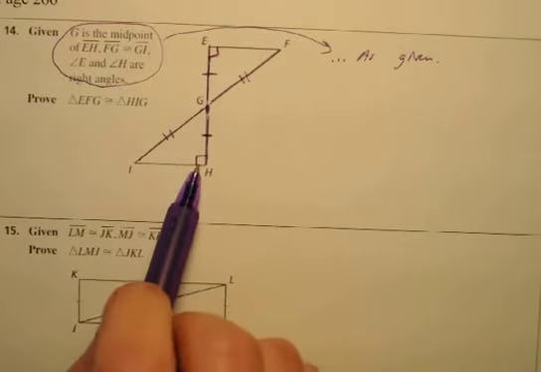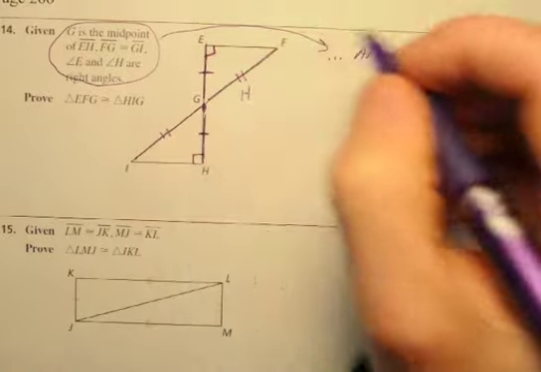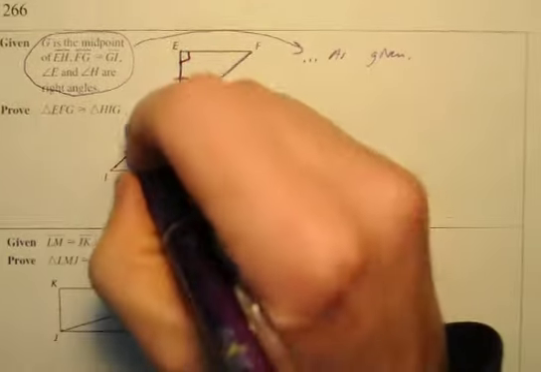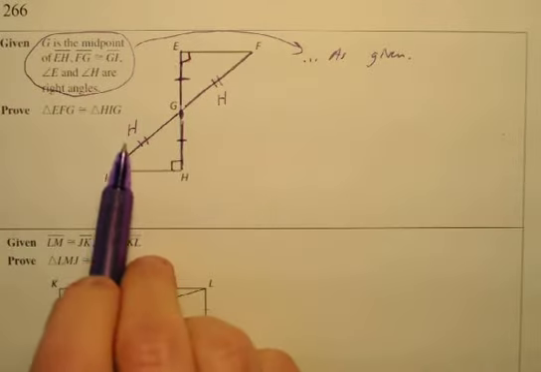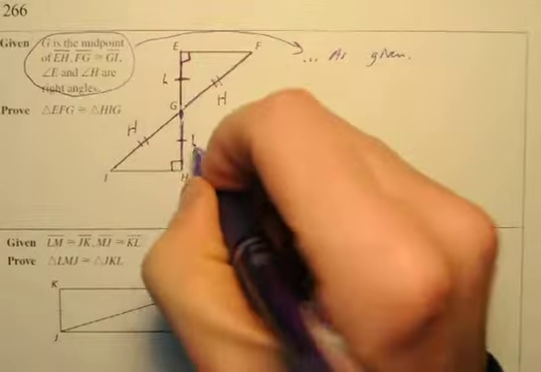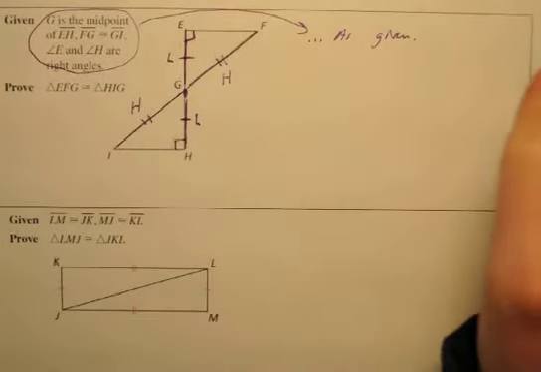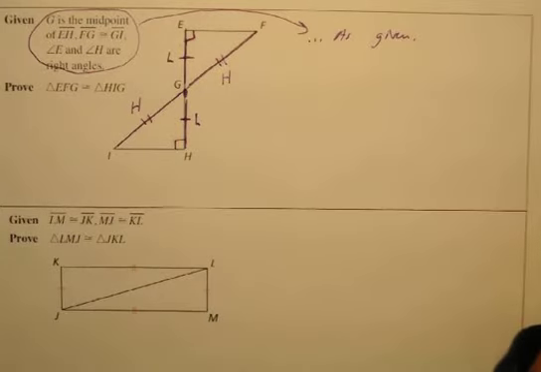Now, because these are right angles, that makes this a right triangle, which makes this a hypotenuse of this one. It makes this a hypotenuse of this one. It makes this a leg, and it makes this a leg. So I think we're ready to make this conclusion.